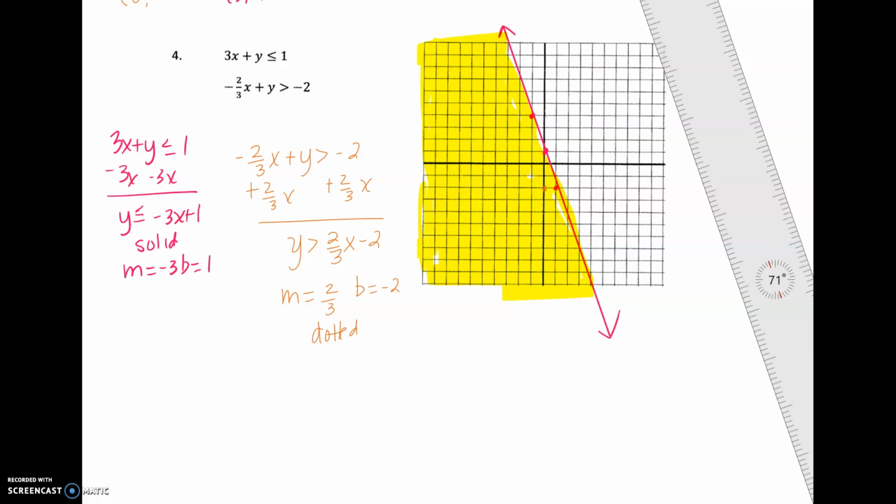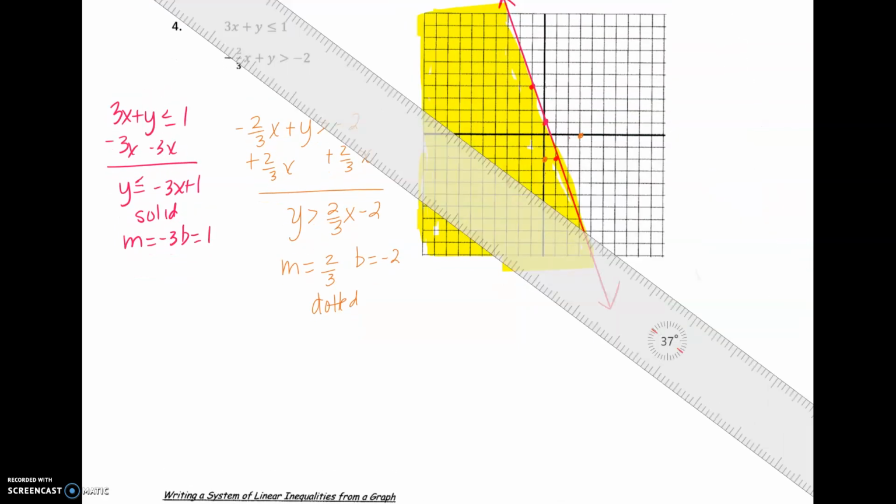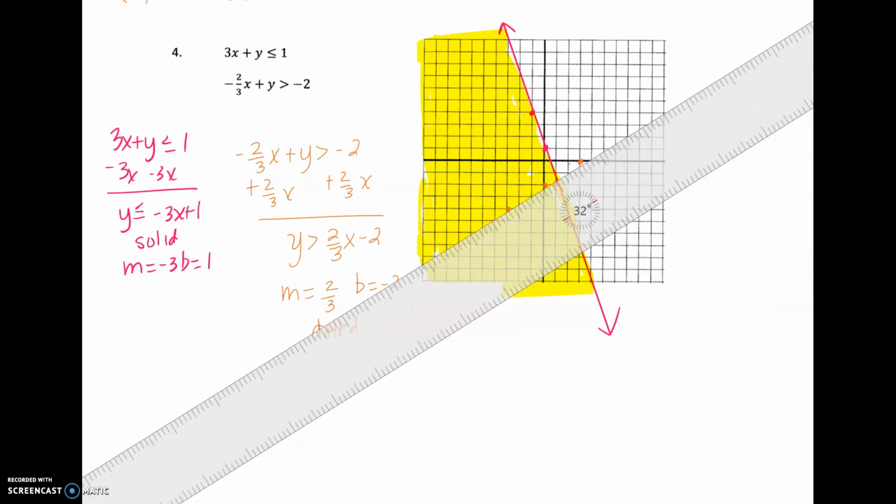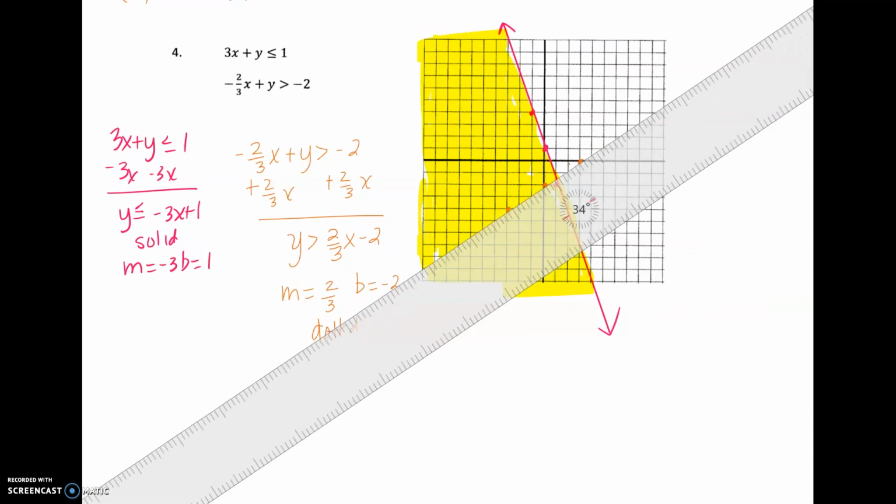So I'm going up 2 over 3. Going down 2 over 3 to the left. And this is dotted.